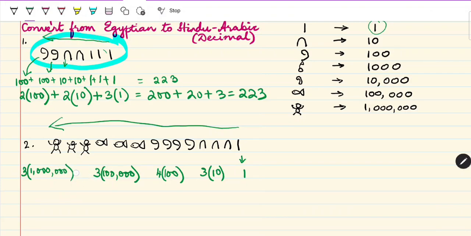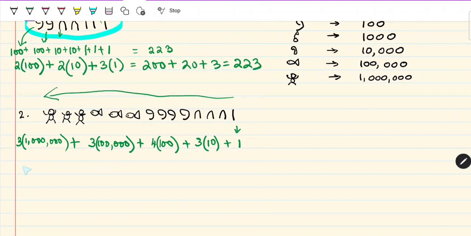And now we can just add them up. So we have 3 million plus 300,000, right? 300,000 plus 400 plus 30 plus 1, correct?